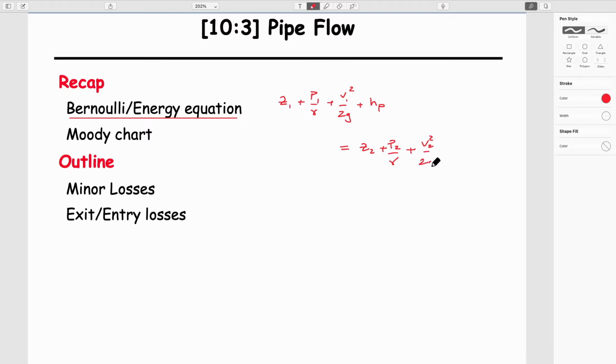The important terms for us are these two individual terms. One is the head losses, which are the major ones, and the other is the head losses, which are the minor ones.